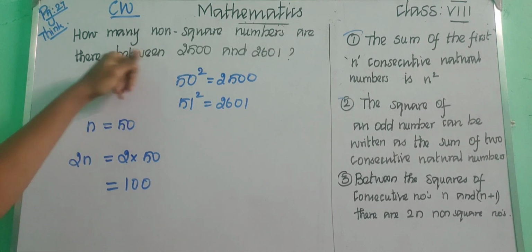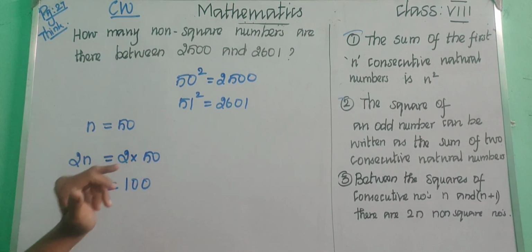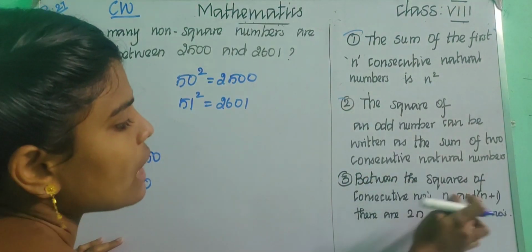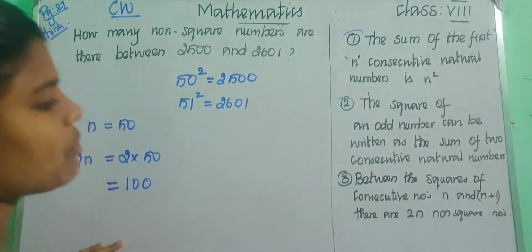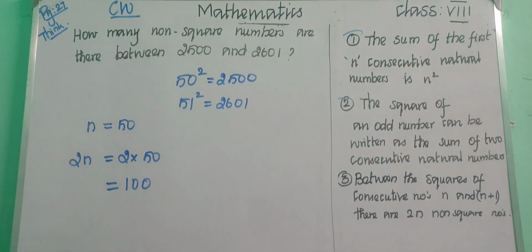What is n? n equal to 50. So what we need to do? Between the squares of consecutive numbers n and n plus 1, there are 2n non-square numbers. So what is 2n? 2n equal to 2 into 50, that is 100. So there are 100 non-square numbers between 2500 and 2601.